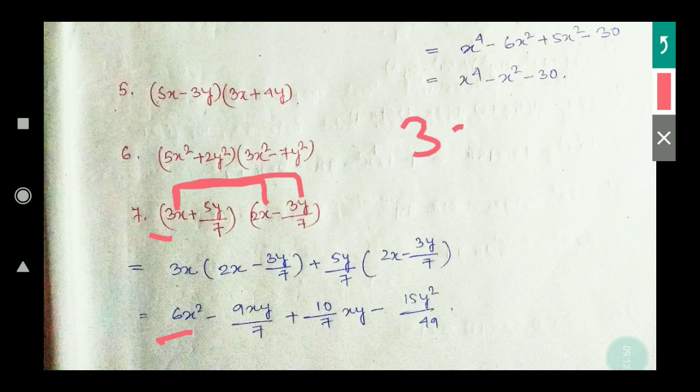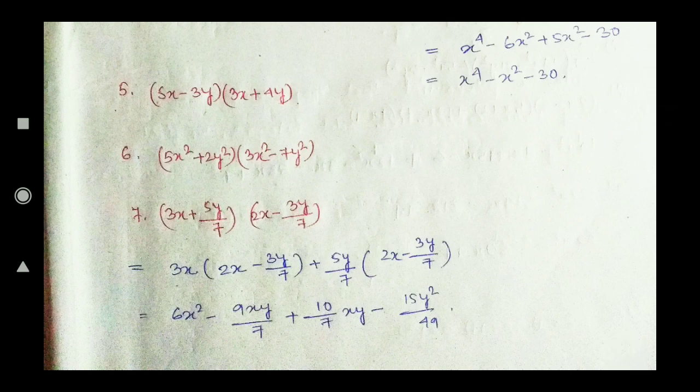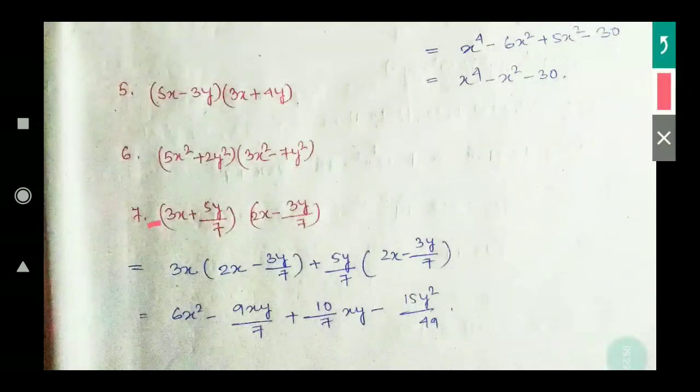You see, in the working column you do the multiplication: 3 3s are 9, x and y is 9xy, the denominator 7 will be as it is. So 9xy/7. Here minus or plus: here it is plus, here it is minus, so plus minus is minus 9xy/7. Again this term's work is finished.